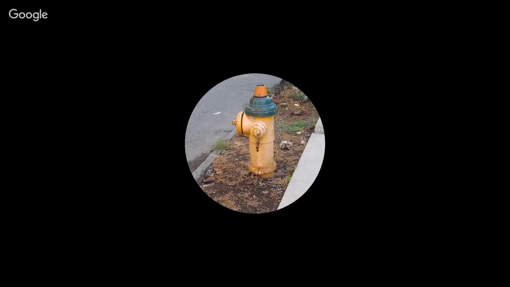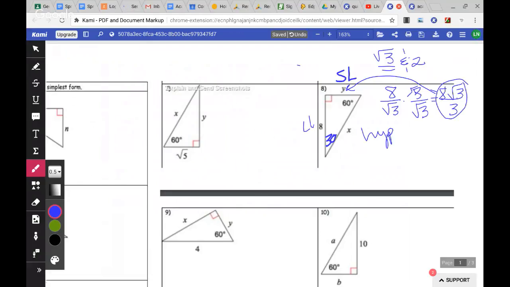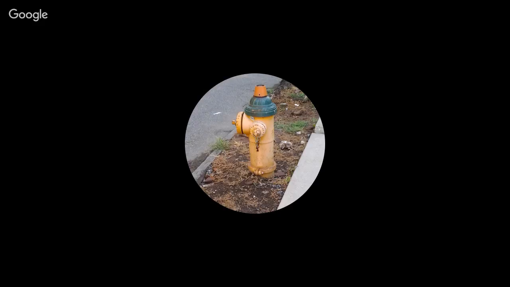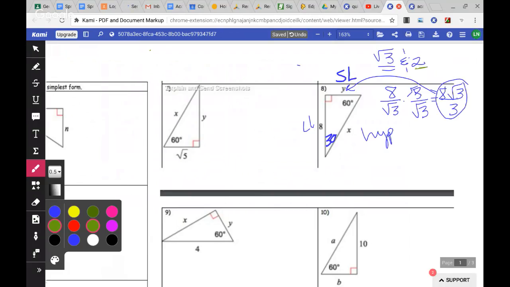Okay. How do you get from the short leg to the hypotenuse so that you can find X? Multiply it by 2. Yeah, there you go. It's your other magic number. So this times 2, which is really 2 over 1.